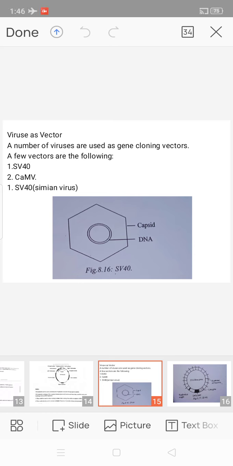First one, SV40 and CaMV. SV40 is the simian virus infecting monkeys. Simian means monkey. It is an animal virus. It is crystal-like. This is the structure of SV40.